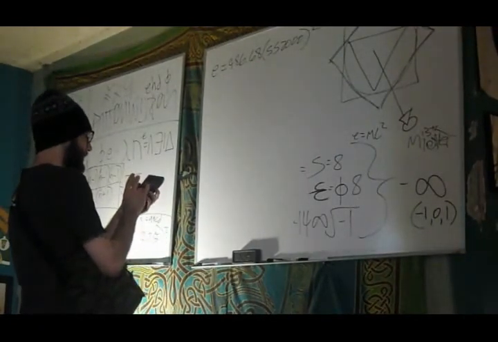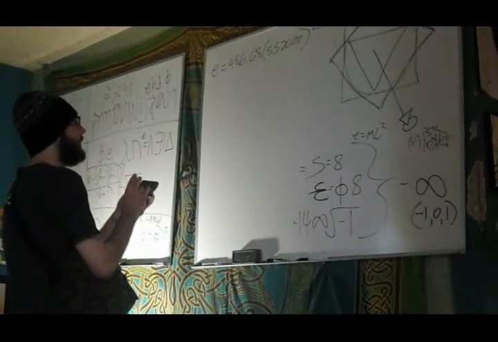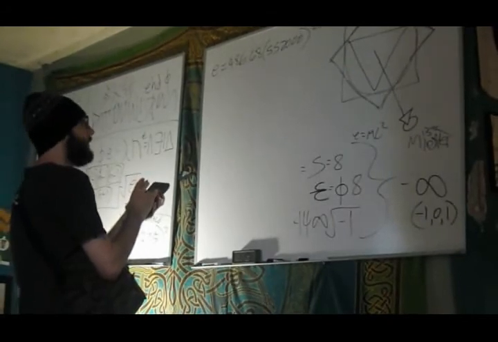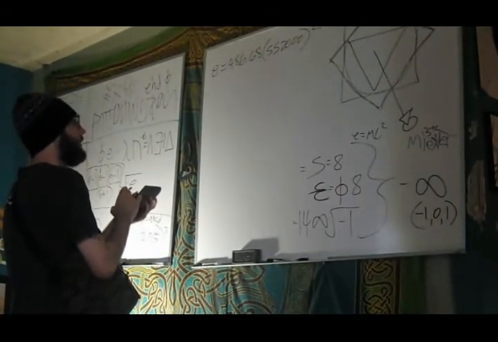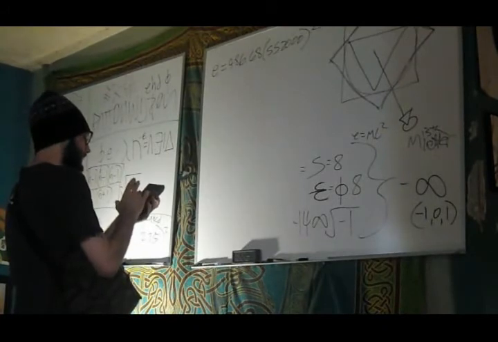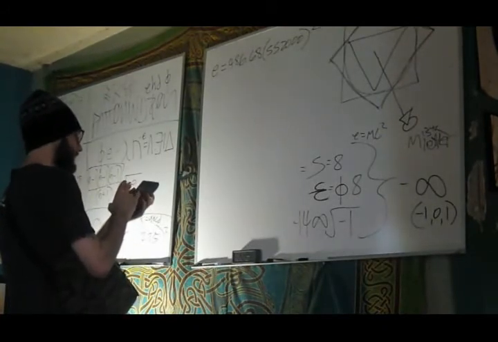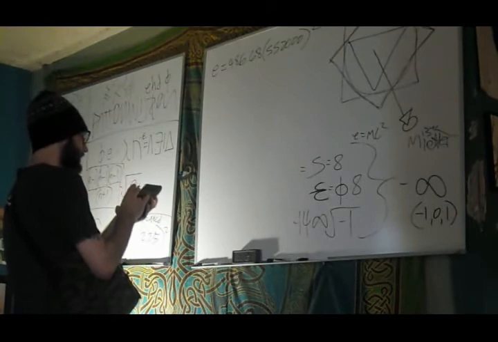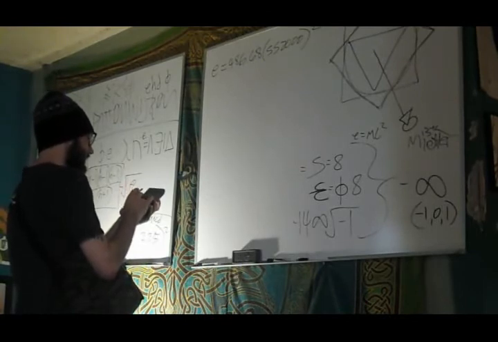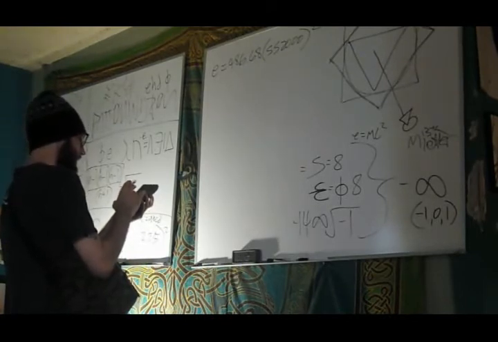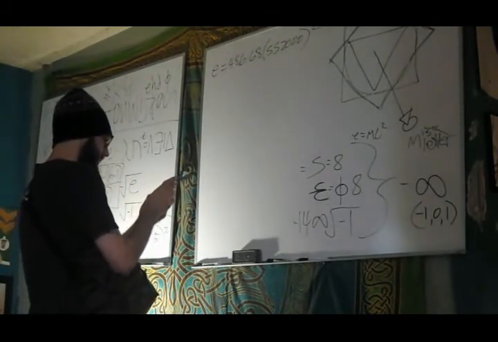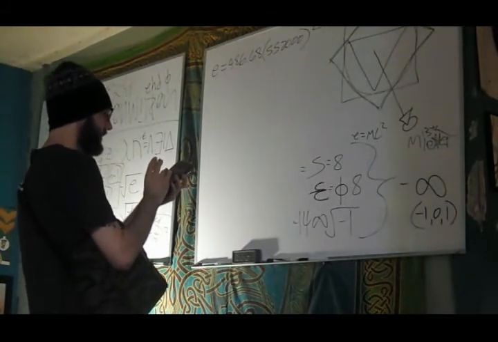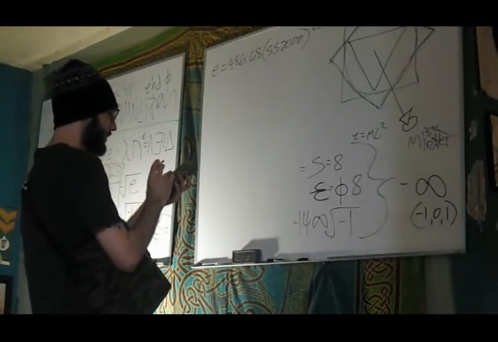Calculate some more energy here. Let's see, 486.68. 550 times 486.68 equals that. Oops, I missed this one. 486.